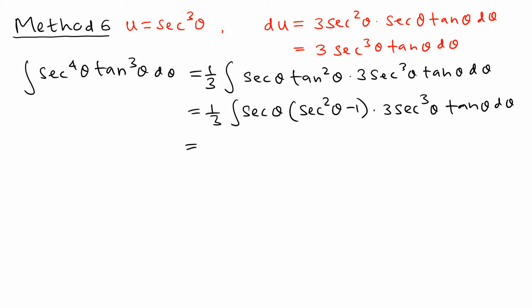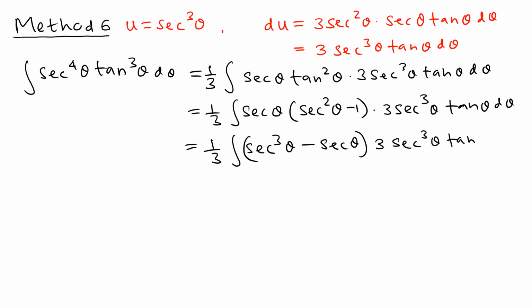Once you distribute, you're going to get secant cubed theta, which is exactly what we want, and we also get one secant theta term, and then we have 3 secant cubed theta tan theta d theta.